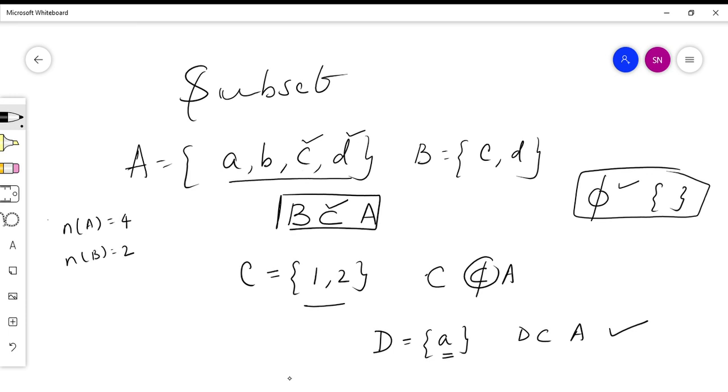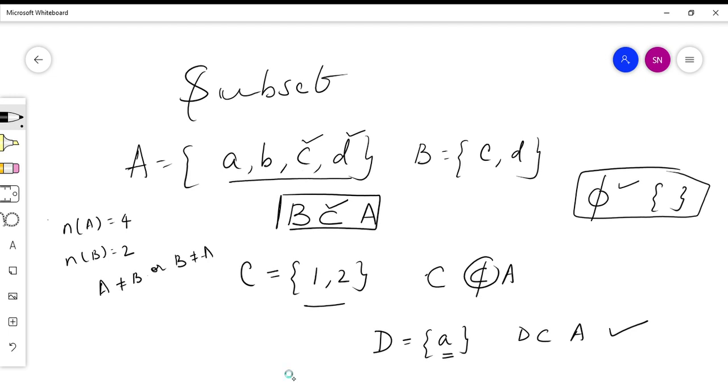When the cardinality of both sets is different, and the elements of set A and set B are different, then I can tell set A is not equal to B, or set B is not equal to A. Correct?